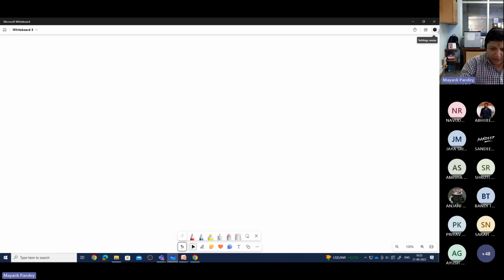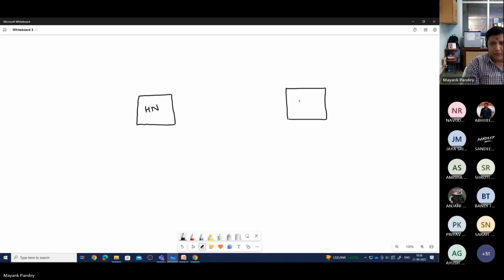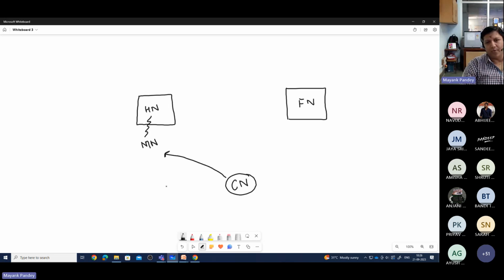Now, when we talk about mobile IP, as we have already discussed, the basic setup is like this: there is a home network, there is a foreign network, and then there is another node, a corresponding node, which is trying to communicate with the mobile node.